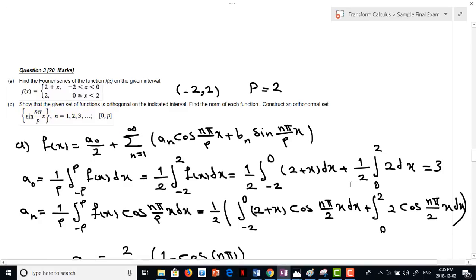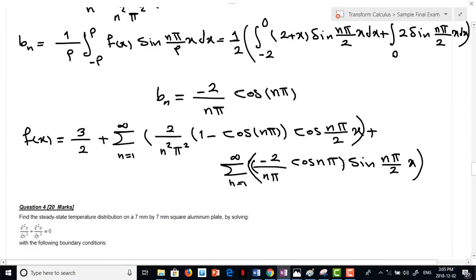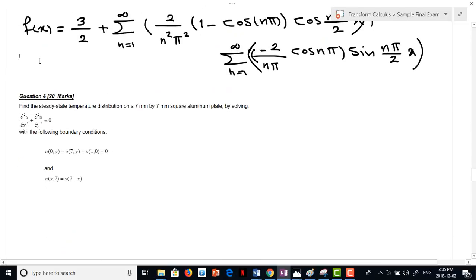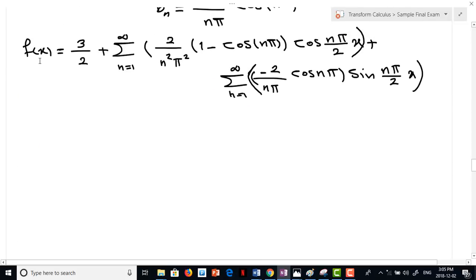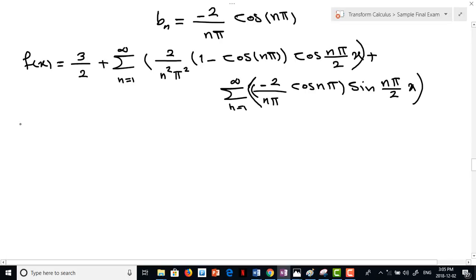So the set of functions is sine n pi over p x, for n equal to 1, 2, and so on. We want to show that this is orthogonal on the range of 0 to p, and then find the norm of the functions.